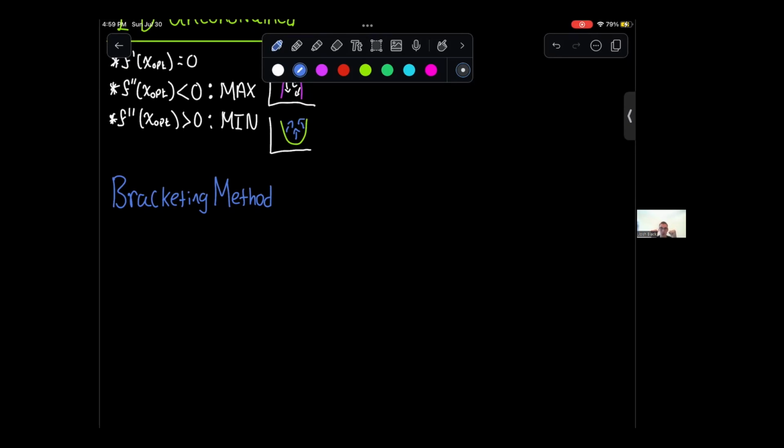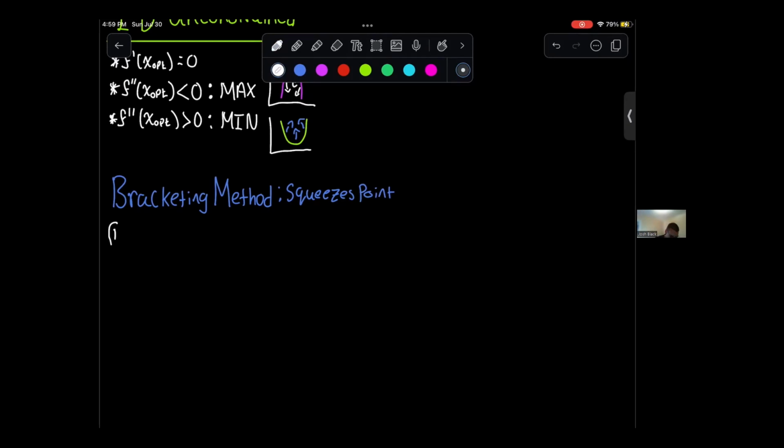From there, it'll squeeze the maximum or minimum closer and closer together until you're at 1 point. So it squeezes the points together.